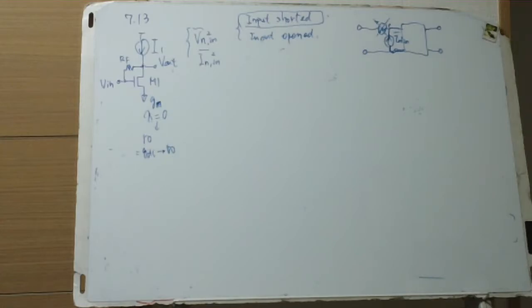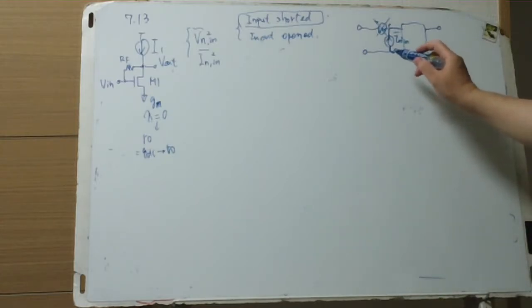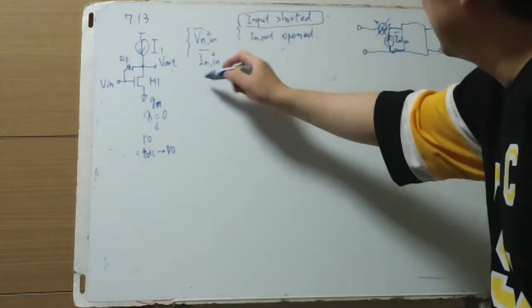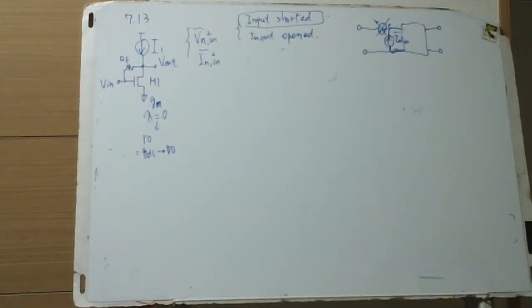So we need both open and short methods to get these values in each case as written in the TOP cases.